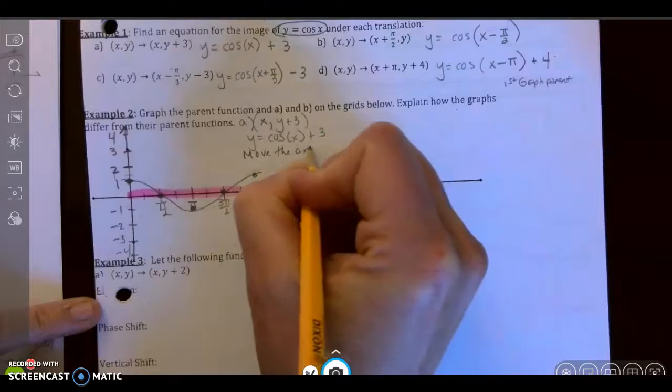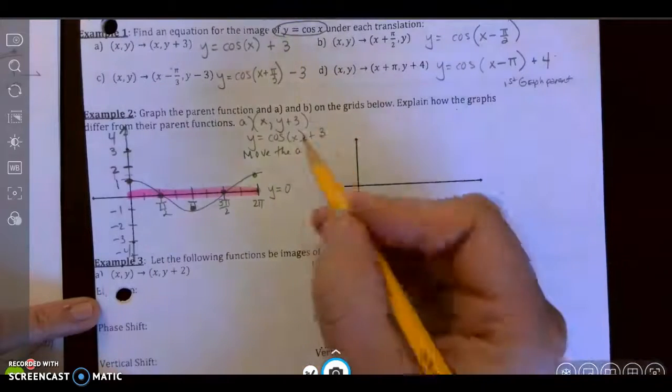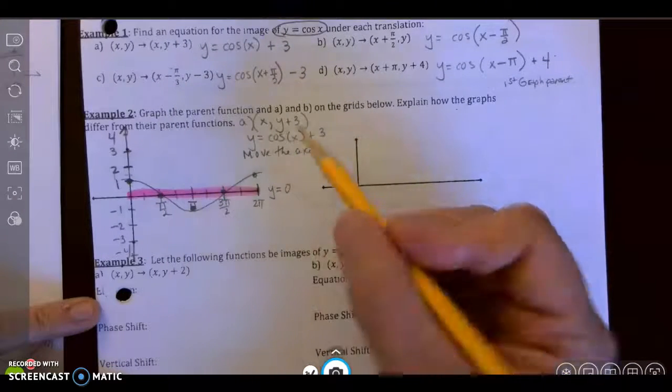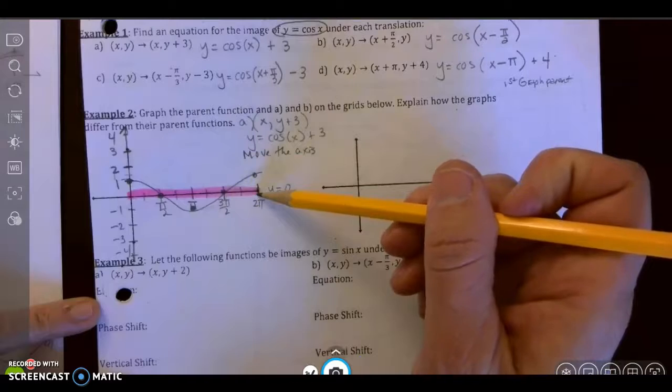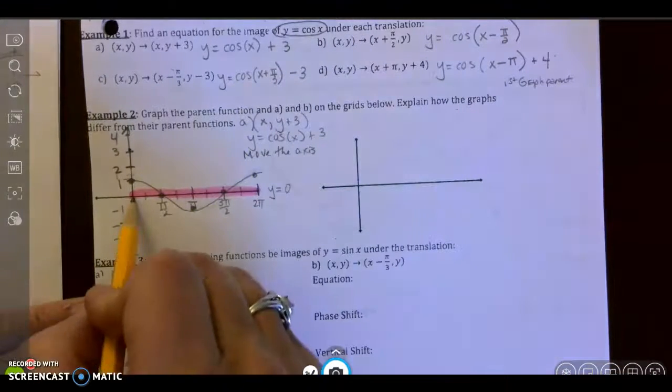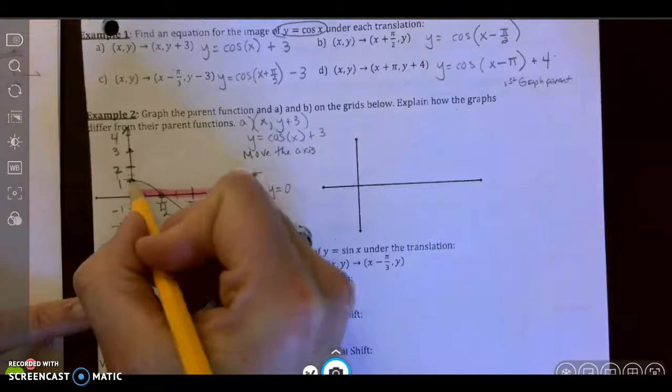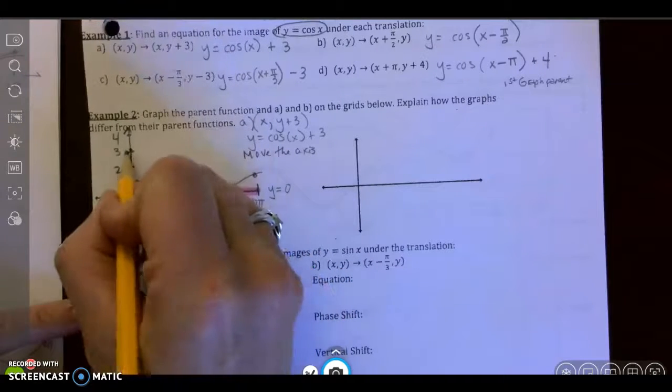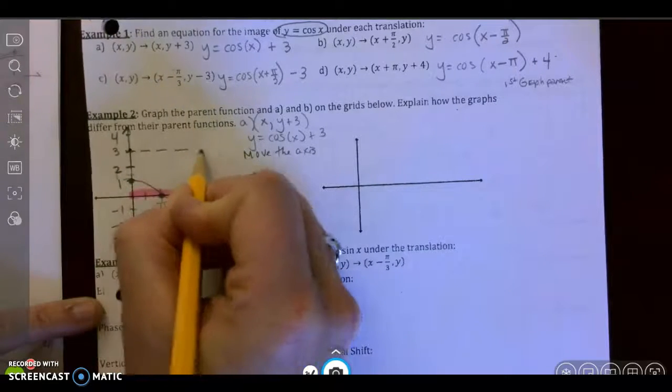So when I have a y scale change, I can simply move this axis up 3. So it goes from being at y equals 0 to y equals 1, 2, 3. This becomes my new axis.